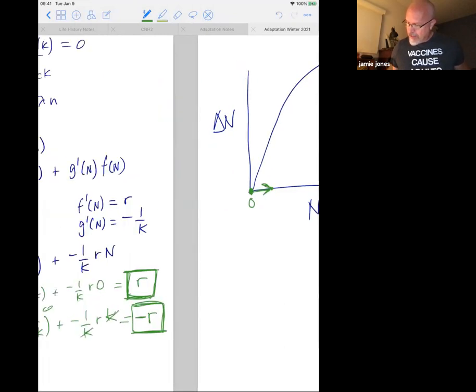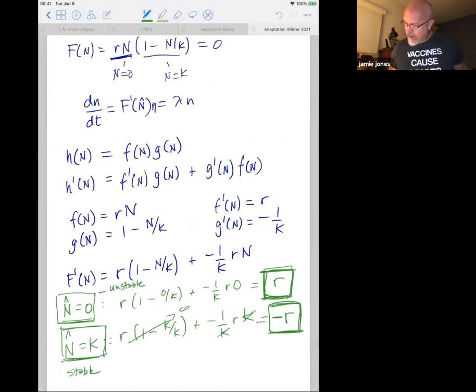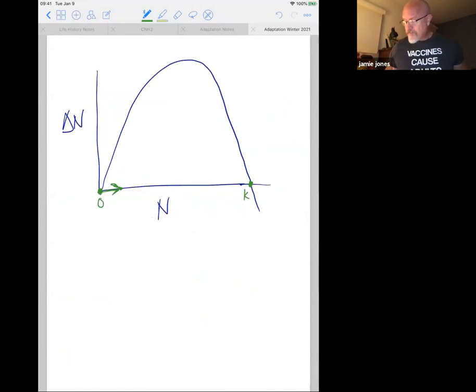And that's exactly what we see in our first solution to the linear stability analysis. And then if we're say here, if we're shy of the carrying capacity, well, of course, the population is still growing, so it's going to continue to move up towards K. We knew that already from the recruitment curve.